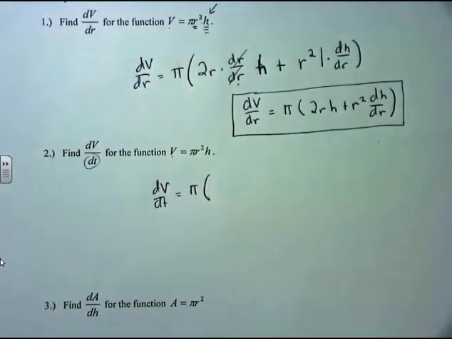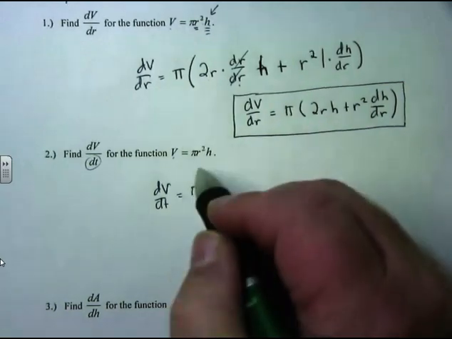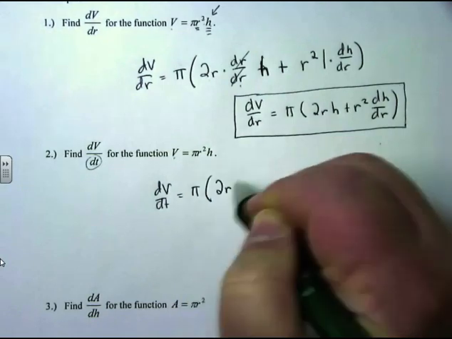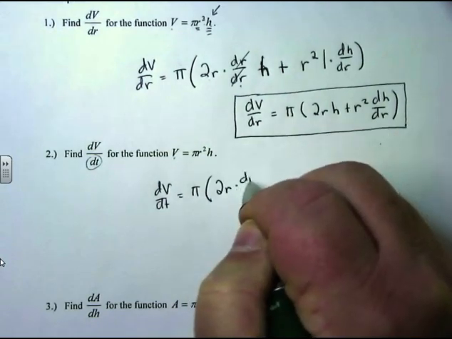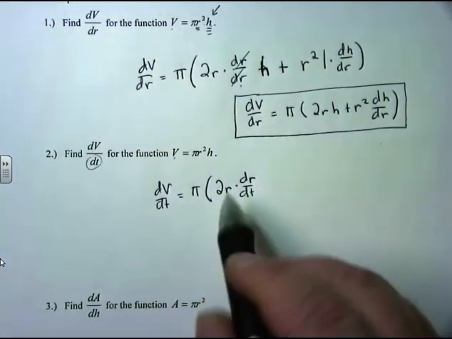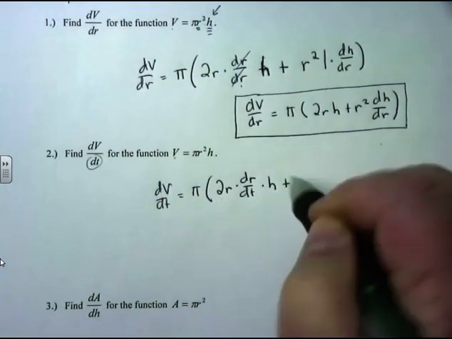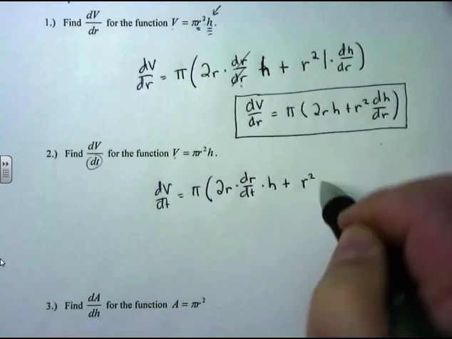And being r squared times h, two variables being multiplied together, I could use the product rule. Product rule, derivative of the first times the second plus the first times derivative of the second. Well, derivative of the first guy would be 2r. But every time I take a derivative of a variable, you've got to tack on that times dr dt. Derivative of the first times the second, h, plus the first, r squared, times derivative of the second.